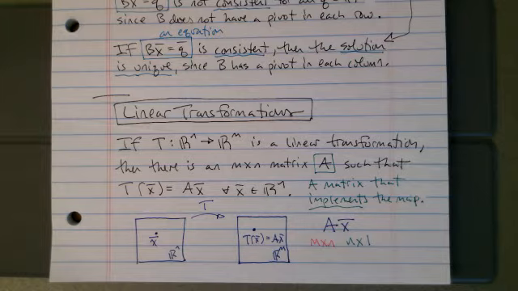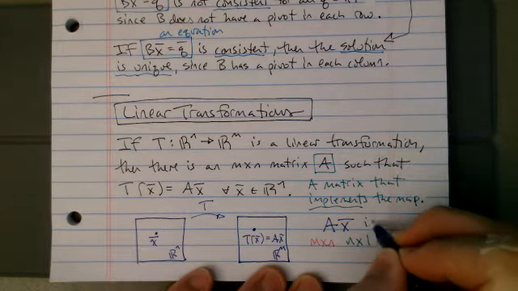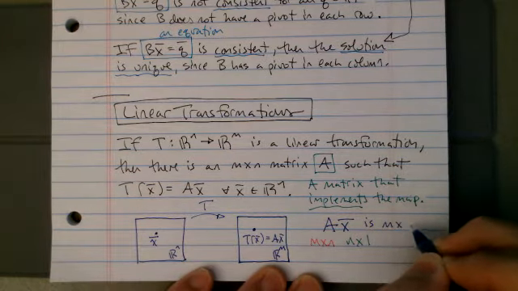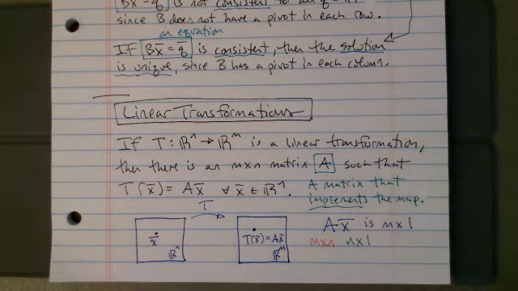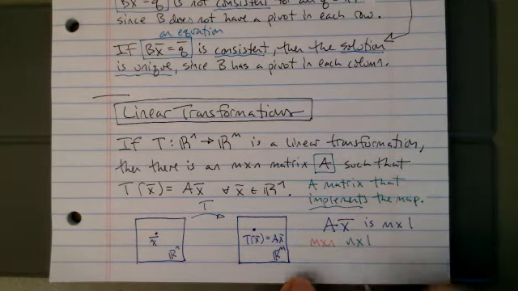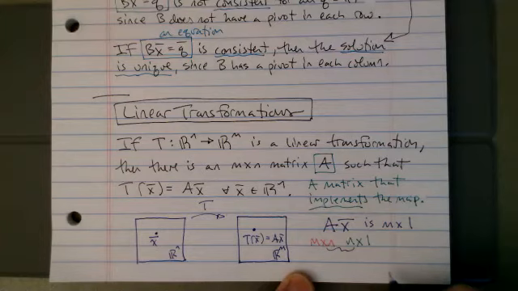And then the result will be an M by 1 matrix, because AX will just be a linear combination of the columns of A. So AX is M by 1. So these two are equal, so this multiplication is defined.